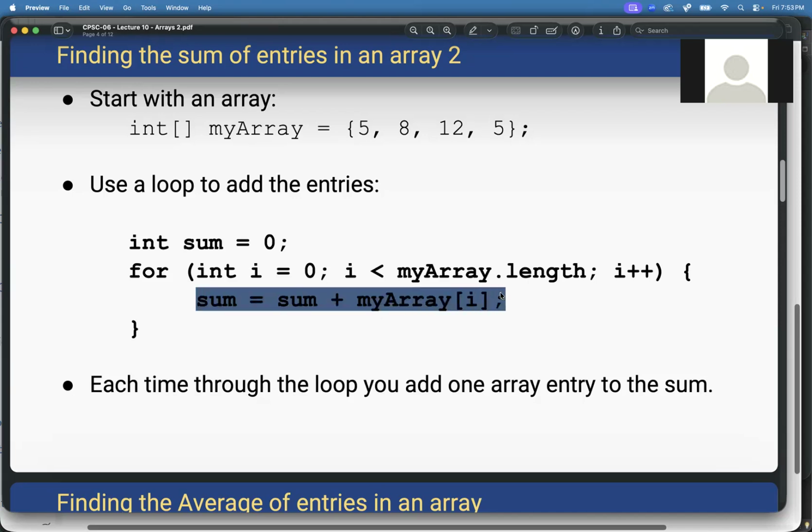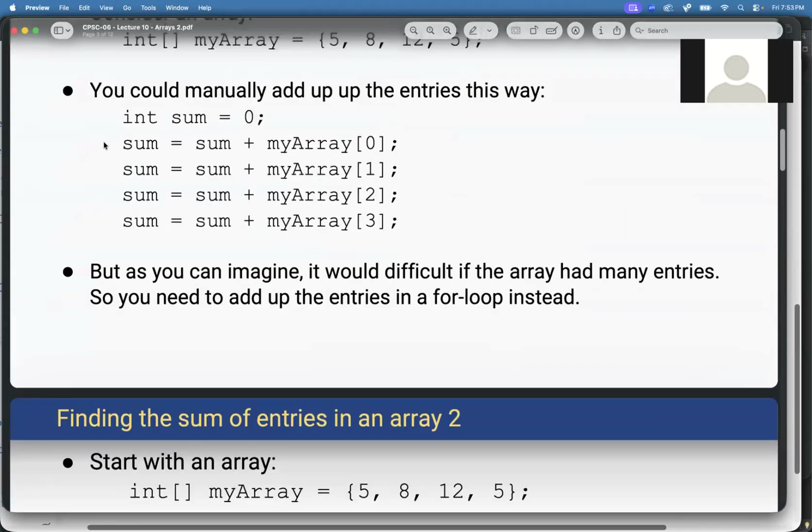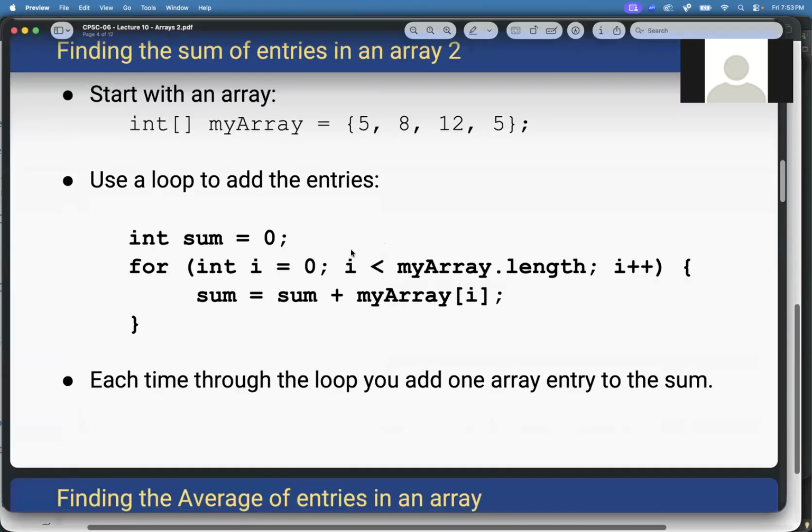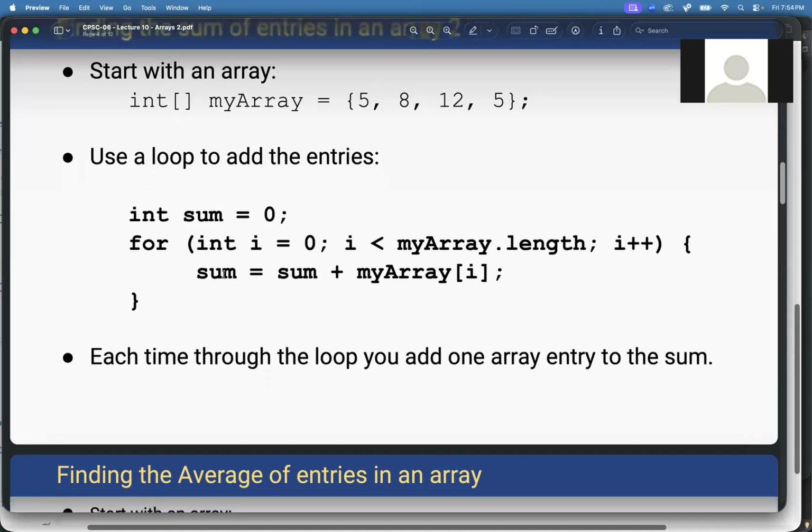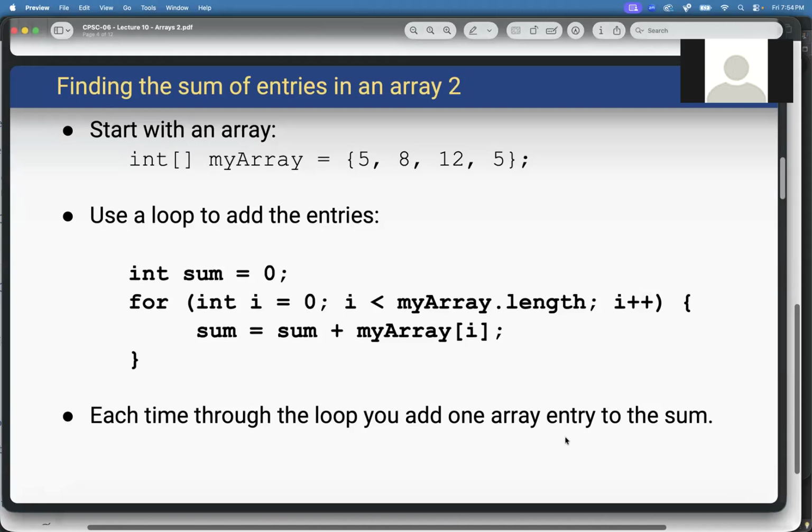This right here is going to do all four of these lines, right? Because the first time through the loop, we have i equals 0. The second time, i equals 1. Third time, i equals 2. Fourth time, i equals 3. So every time through the loop, we add one array entry to the sum.